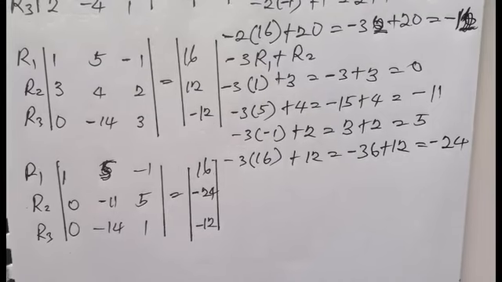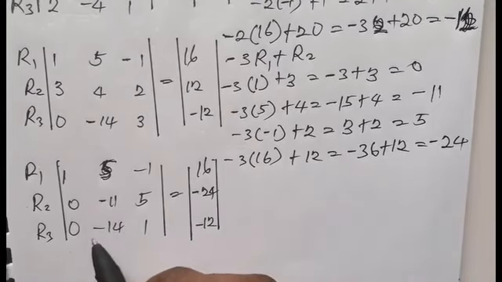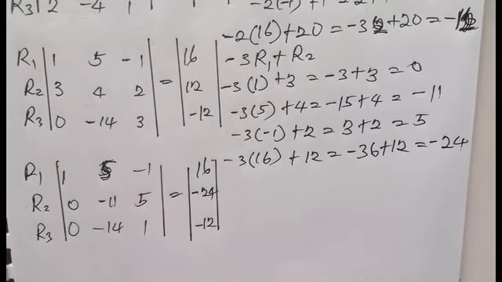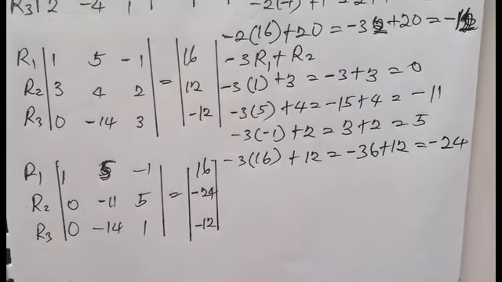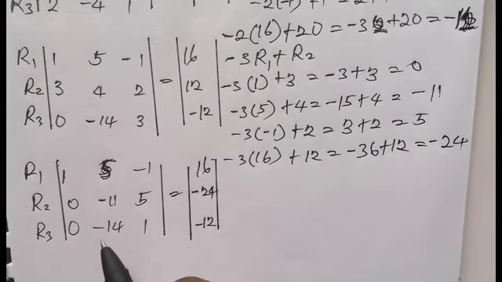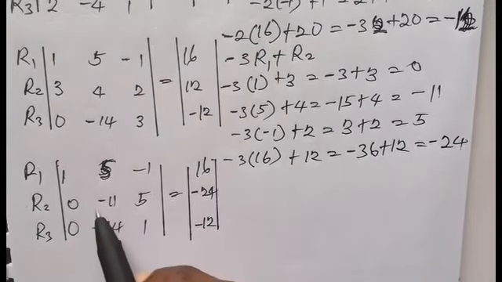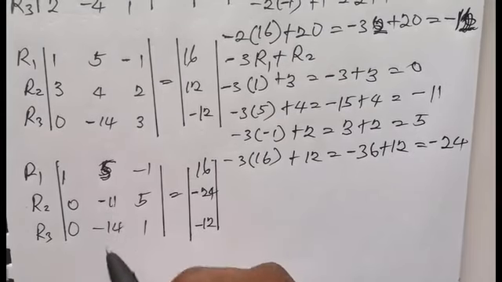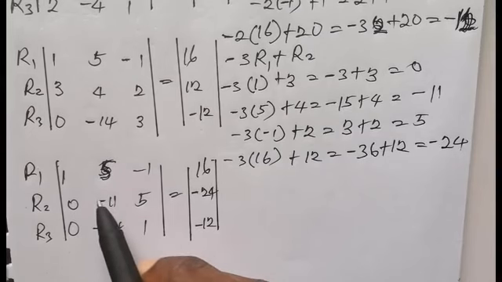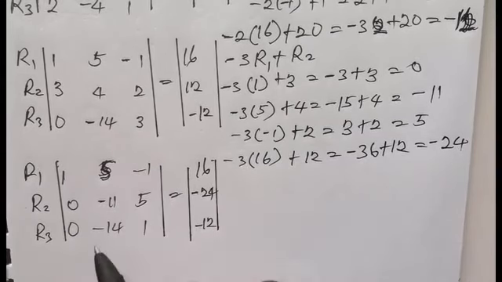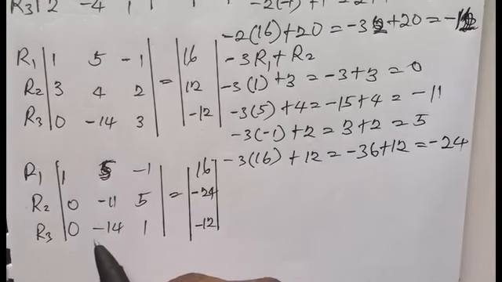So how do we do this? Notice that I want to make -14 to be 0, and I have over here -11. So in order to make -14 to be 0, I already have -11 here, which means I can only add these two. To do that, I will simply multiply -11 by +14 to give me a positive value, then multiply -14 by -11 to give me a negative value.